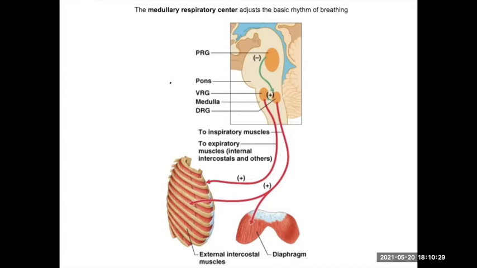So how do you think these people died? Be brave. Suffocation. You would think suffocation, but remember I said you can voluntarily breathe, right? So if these stop working, what would happen? You just have to voluntarily breathe.